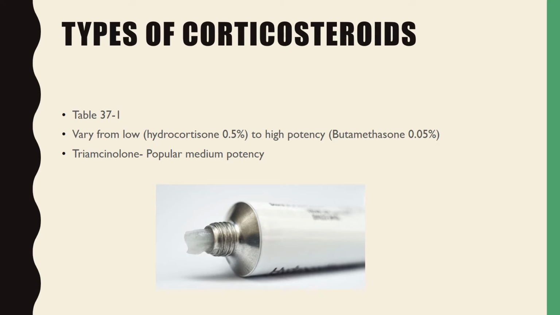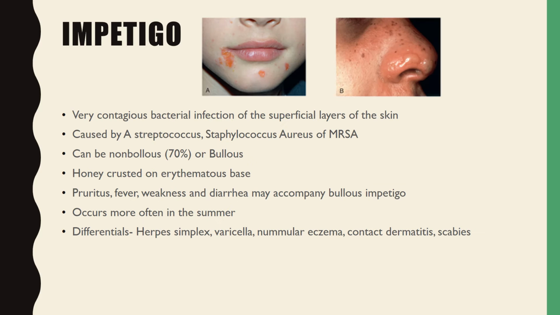It varies from low, which is your hydrocortisone 0.5%, to high. And one example of that is betamethasone 0.05%. The hydrocortisone, of course, 1% or lower is available over the counter, and everything higher than that would be by prescription. Triamcinolone, I just wanted to mention because that's a very popular one that you may see a lot, and that's kind of right in the middle, a medium potency corticosteroid.